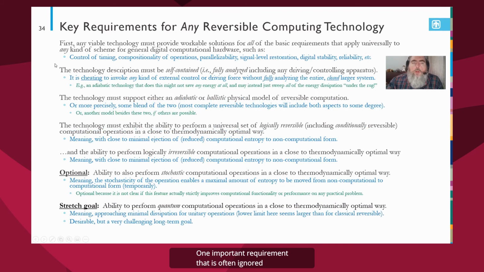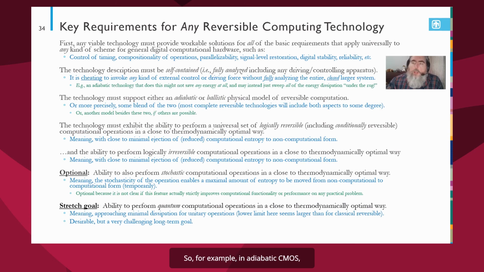One important requirement that is often ignored is that the description of the system needs to be self-contained. In other words, it is cheating if you invoke any kind of external control and then don't analyze the driving system as well and the interaction between them.